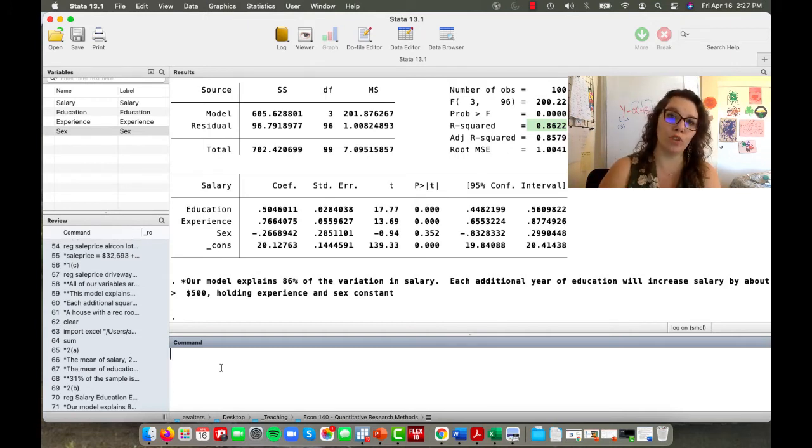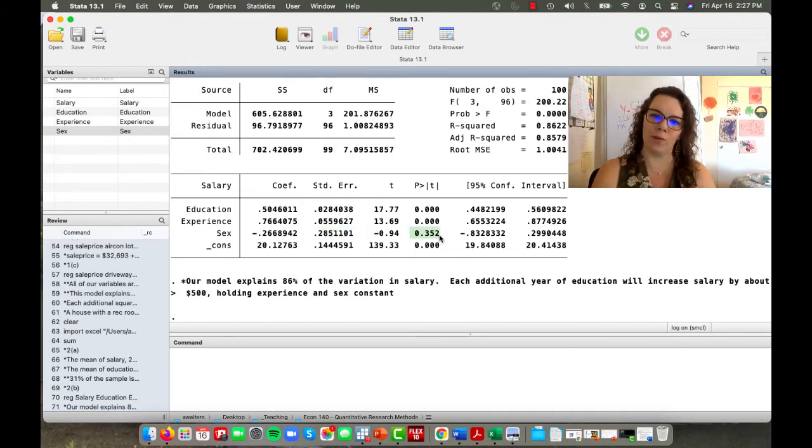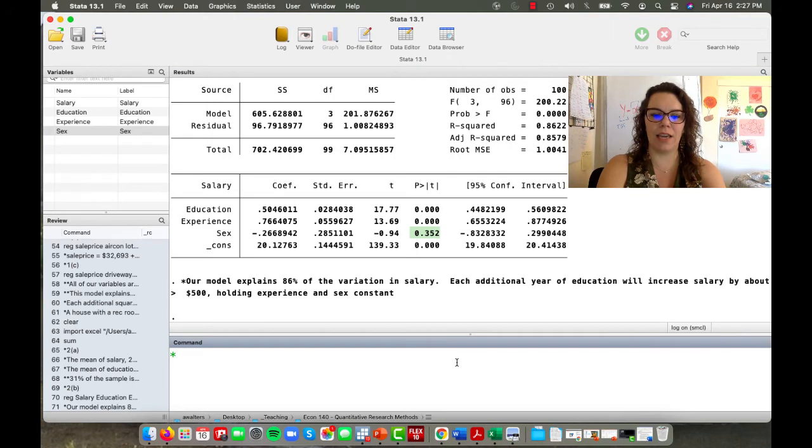If we were trying to prove sex discrimination, this data set would not do a good job. It's not significant, it's highly insignificant, right? The standard error is actually larger than the coefficient itself. The t-value is tiny, the p-value is much higher than 0.05, and the confidence interval contains 0. So we can say a couple of things. Sex is not significant for all those reasons I said. It also has a negative sign, and this implies the opposite of what most arguments about sex discrimination might try to say.